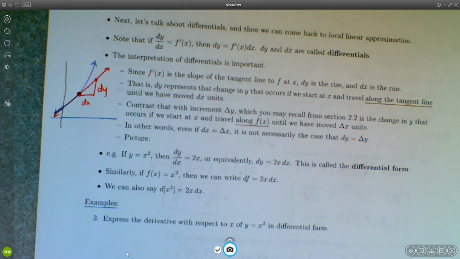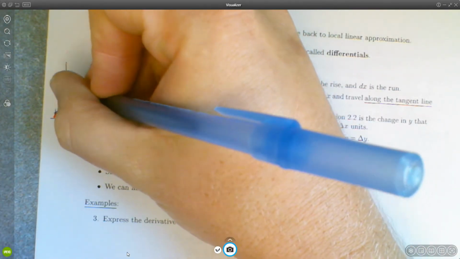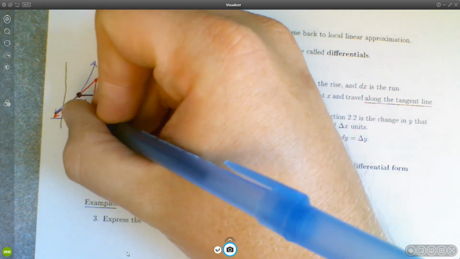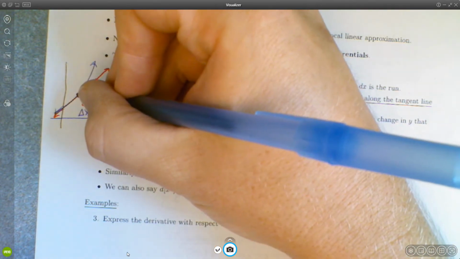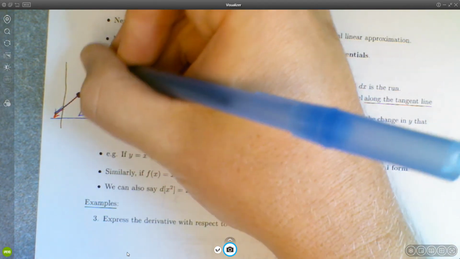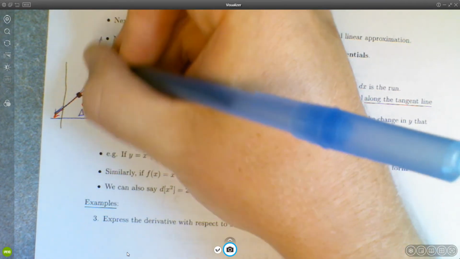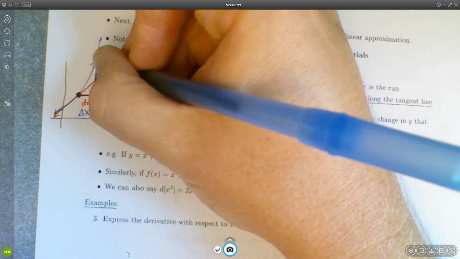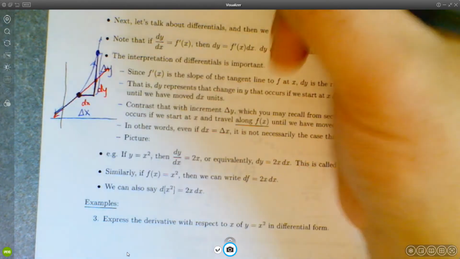On the other hand, if you move from here to here, we could call that dx, but we could also call it delta x. And then if you go all the way up to where that passes through the curve, that distance would be called delta y. Okay, this entire distance is delta y.